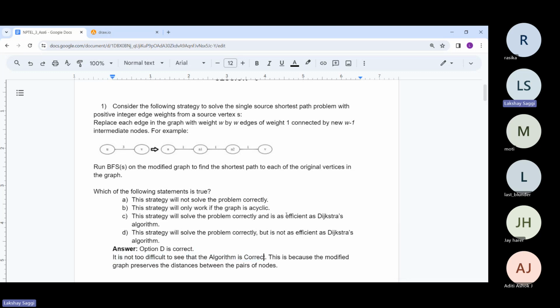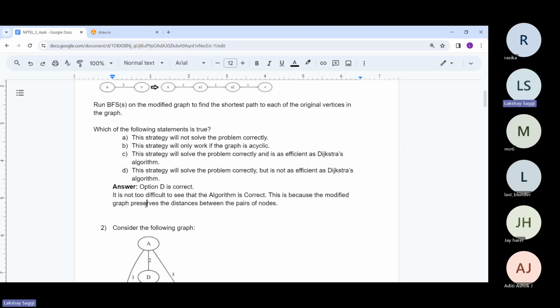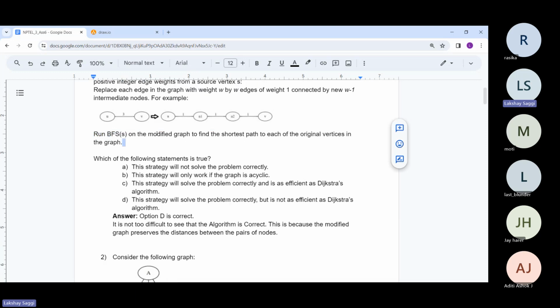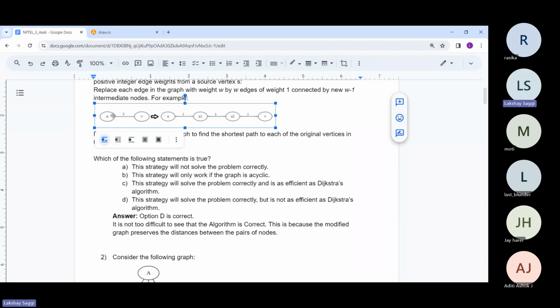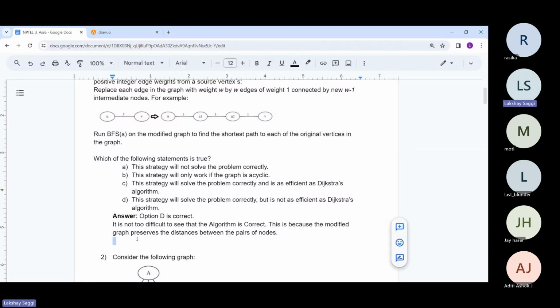But now we have to compare its efficiency. Is this efficient, or is this not as efficient as Dijkstra's? So one thing to look at here is, in how much time does BFS on a graph run? What we are doing is converting the original instance of the graph into an updated graph and running BFS on it, right?